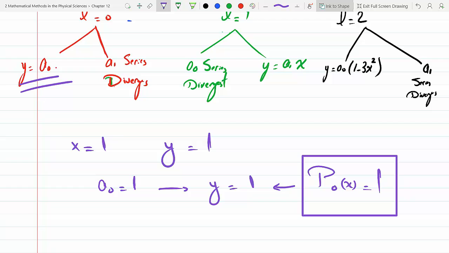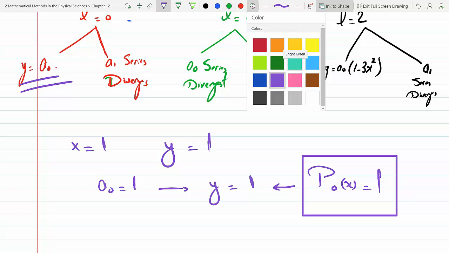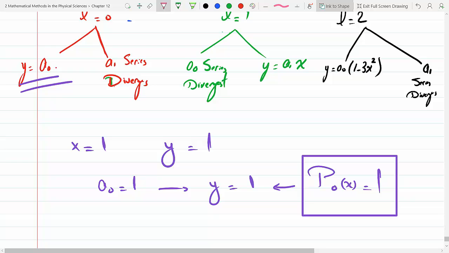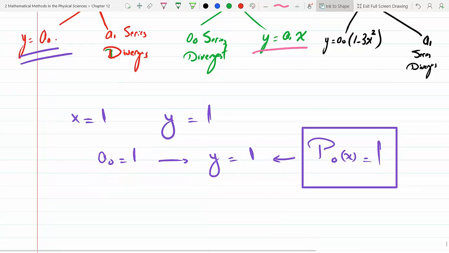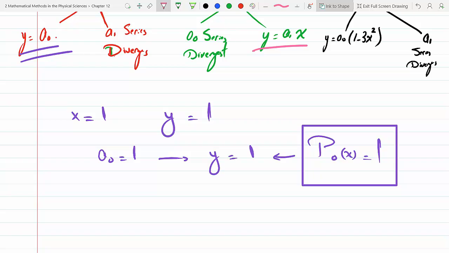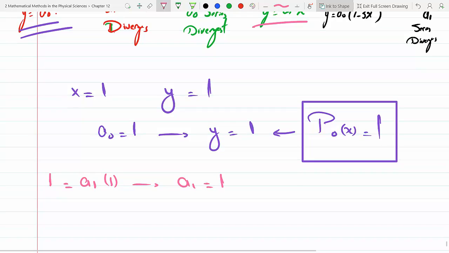Now, let me go to L equals 1 and get the next one, the P1. So this is the first one. Now I go here, right? When x equals 1, y equals 1, so I get 1 equals a1 times 1. So a1 equals 1, and I plug that back in, so I get y equals x.